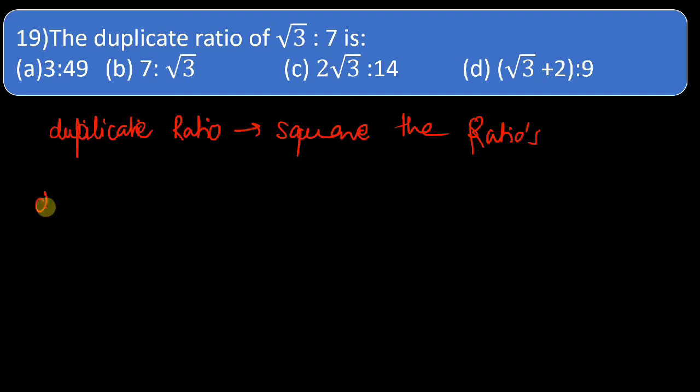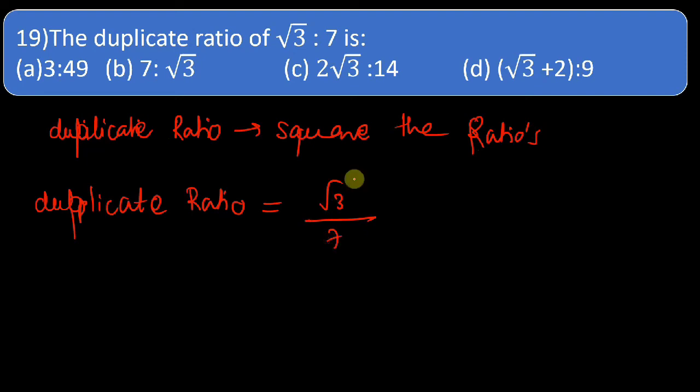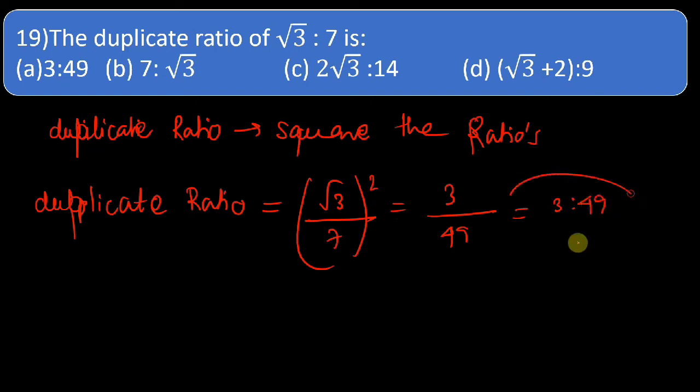So here the duplicate ratio will be root 3 by 7 whole square, that is 3 by 49, that is 3:49, the respective answer. So our correct option is option number A.